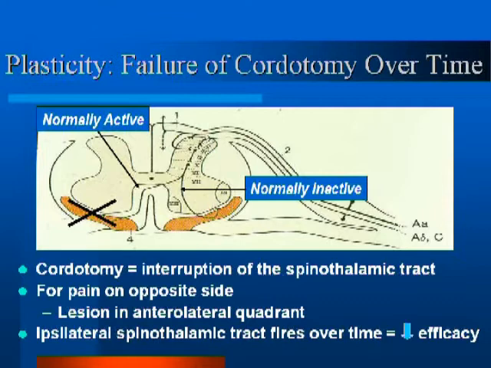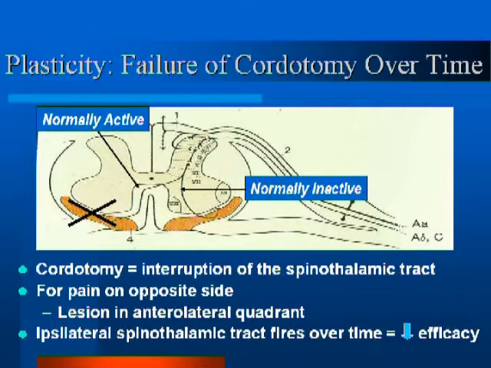What they forgot to tell you is that there is also an ipsilateral spinothalamic tract. And if the contralateral one is no longer functioning, this ipsilateral spinothalamic tract now begins to fire, and the patient has return of pain. This is an excellent example of plasticity.